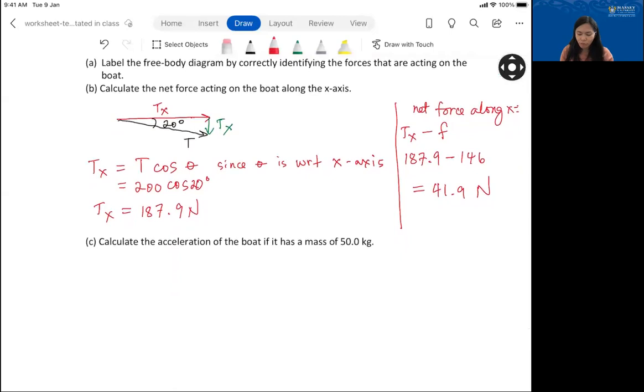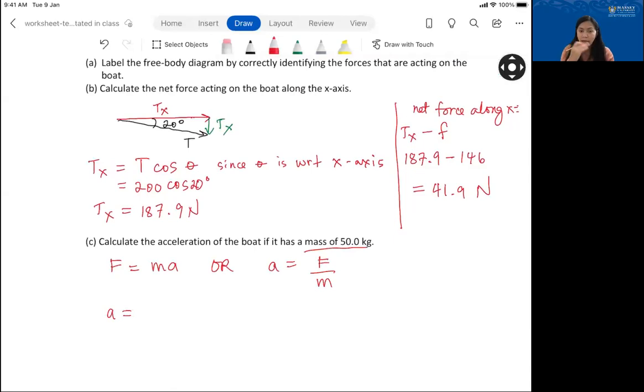And you need that net force to calculate the acceleration of the boat that has a mass of 50 kgs. So when you're asked about acceleration in relation to forces, it's Newton's second law of motion. Force is equal to mass times acceleration, or acceleration is equal to force divided by mass. That relates the force to the corresponding acceleration experienced by the object.